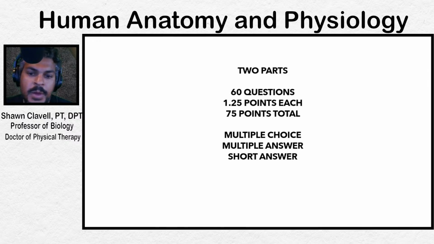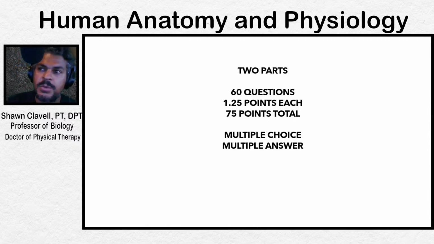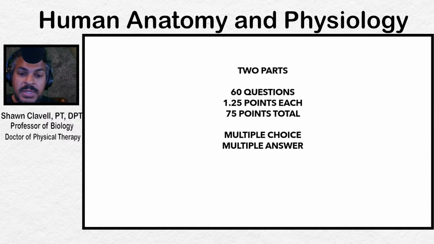Okay. And again, that's going to be more of the traditional questions that you would see, multiple choice, multiple answer type questions. Does that come out to the right points? Yes. So 60 questions, 1.25. We're looking at chapter 4, which is tissues and histology, and chapter 5, which is the integumentary system.